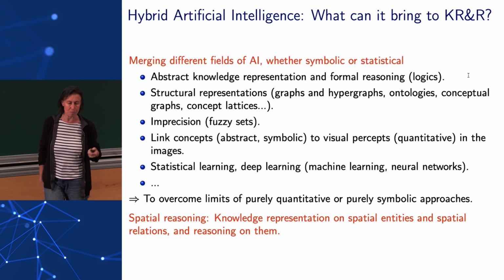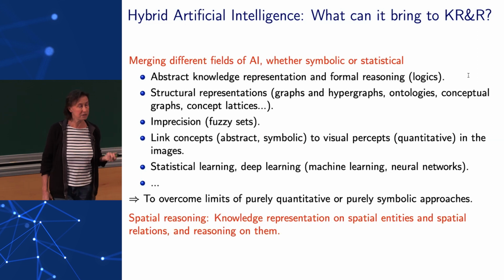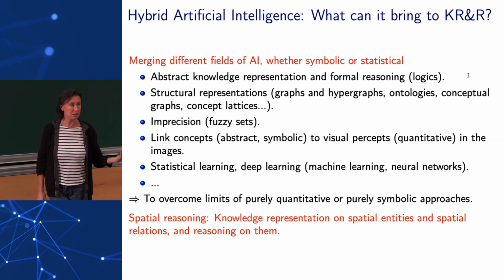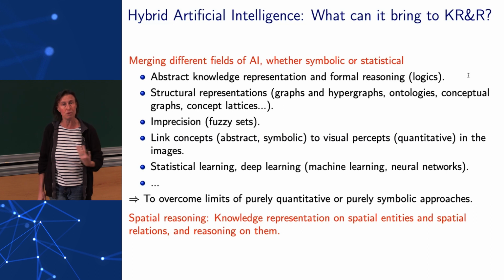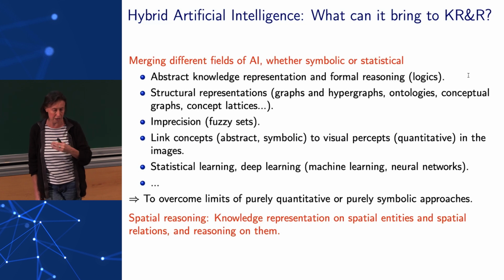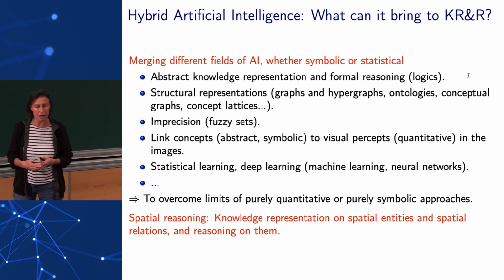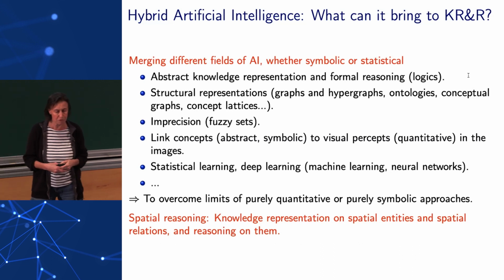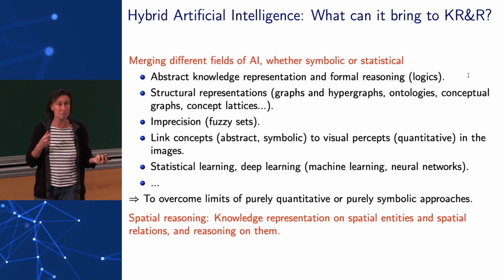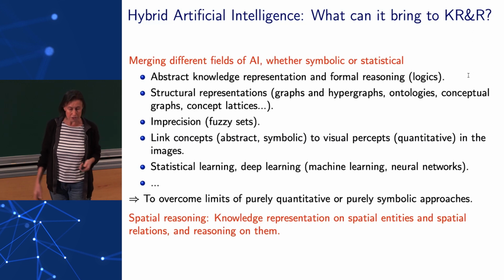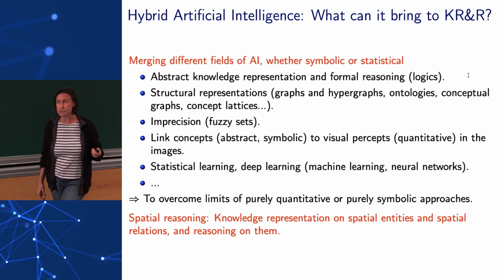In all these representations, we have a lot of imprecision, either related to the data or to the way we represent knowledge to link it with data. For instance, if I take the example of big before, what does big mean? It is intrinsically imprecise and depends on the context, and then we can make use of fuzzy sets in order to represent this imprecision.